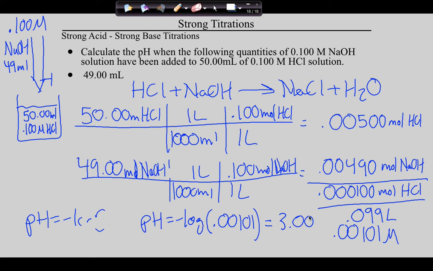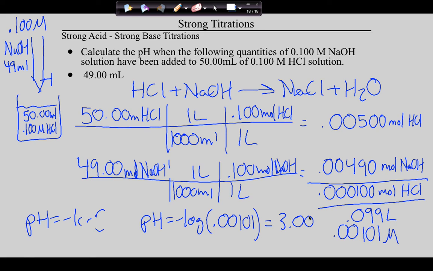So we started with 50 milliliters of acid. We added 49 milliliters of base. The sum of that is 99 milliliters. That's exactly right. So every sodium hydroxide that we add neutralizes an HCl. The difference is the unneutralized HCl, which is now dissolved in a larger quantity of water. Recalculate the molarity and go from there.